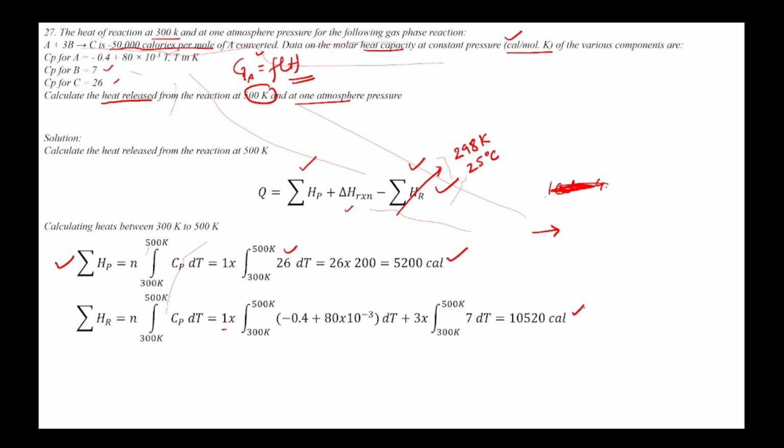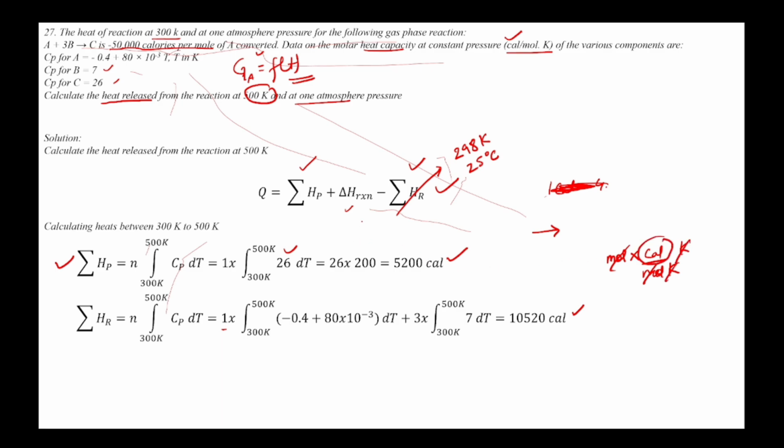This will give this. Now see, we have multiplied moles and specific heat, calorie per mole per Kelvin. So mole will cancel out, and Kelvin will cancel out. So only calorie will remain.